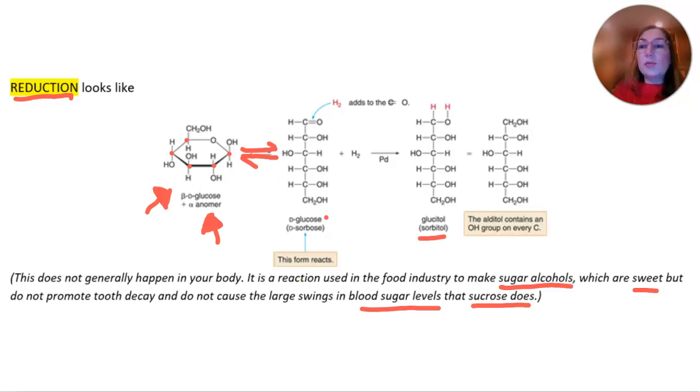And so next we have our straight chain form of D-glucose: CH2OH, COH on the right makes it D, and then COH, and then C on the right, and then COH on the left, COH on the right, and then C double bond O with an H. And it's actually in the straight chain form that this reaction can occur.